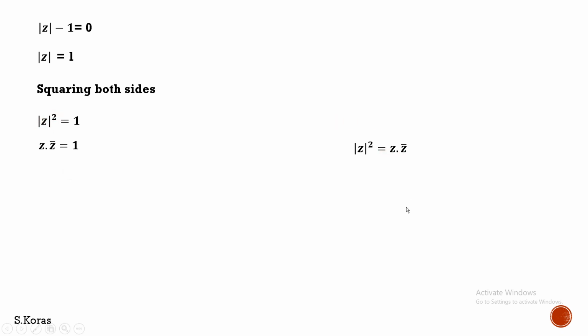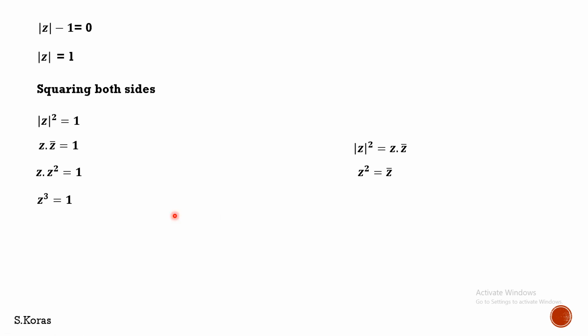So now z into z bar is equal to 1. But already you know from the given that z square is equal to z bar. So instead of z bar, we can write z square. If we replace it, z into z square is equal to 1. Now if we simplify, the answer is z cube is equal to 1.